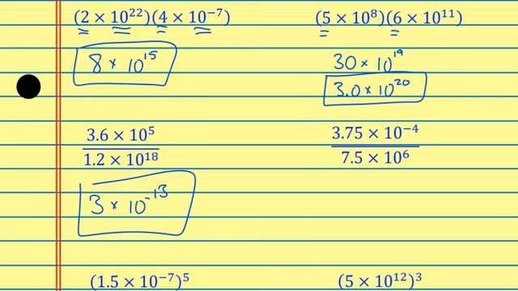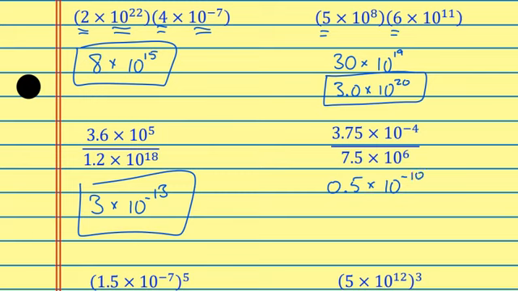If I look at the next one, again, and you can use a calculator for this, you take the 3.75, you divide it by the 7.5, because again, we treat those like the coefficients. We just divide those the same way we always would. If you divide it on a calculator, you get a 0.5. And now apply rules of exponents to the tens. I subtract those exponents. Negative 4 minus 6 is a negative 10.